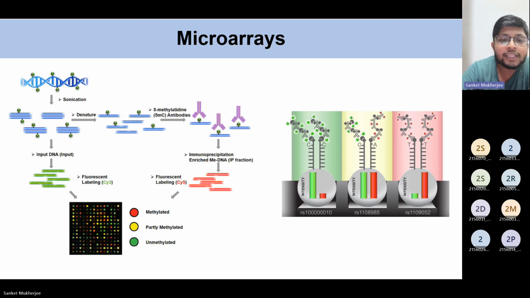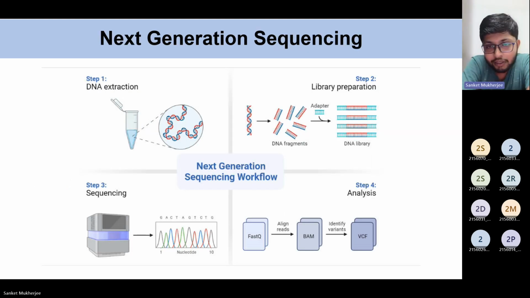Okay, clear. Then next generation sequencing. It's very popular nowadays. Probably some of you will be doing this in your masters, maybe PhD, I'm not sure, but probably you'll be doing it. We first extract the DNA, then we prepare libraries, then sequencing is done, and then the analysis step.